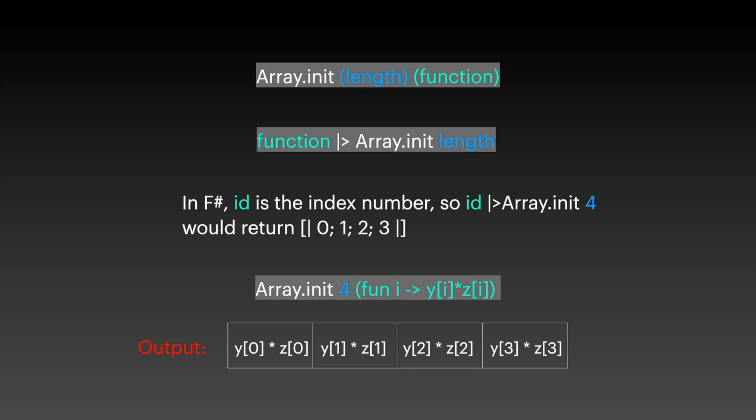But the more typical way we'd be doing this is with the lambda function, where the parameter i that we're passing in really is just the index number. And we can see the output of that would be the two arrays multiplied together element-wise. And just to reiterate, this works really well when your function takes in an integer as a parameter. But that's about it. Otherwise, we need to move on to the next one, Array.map.